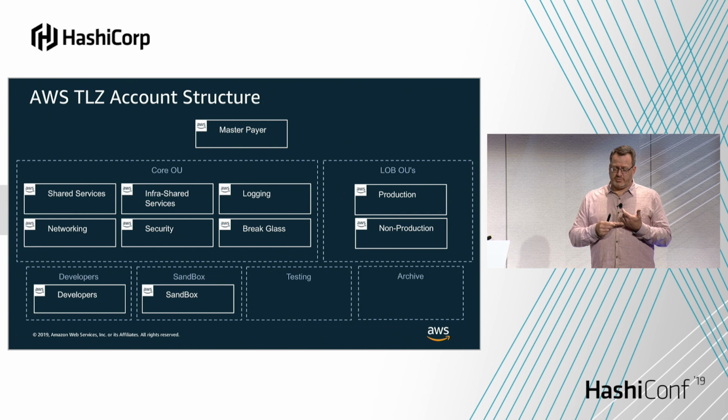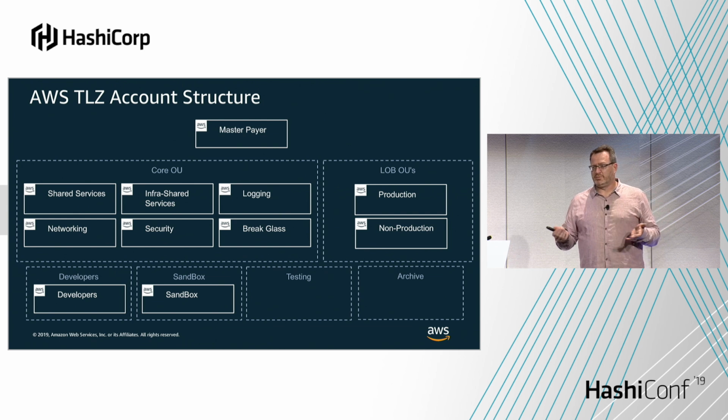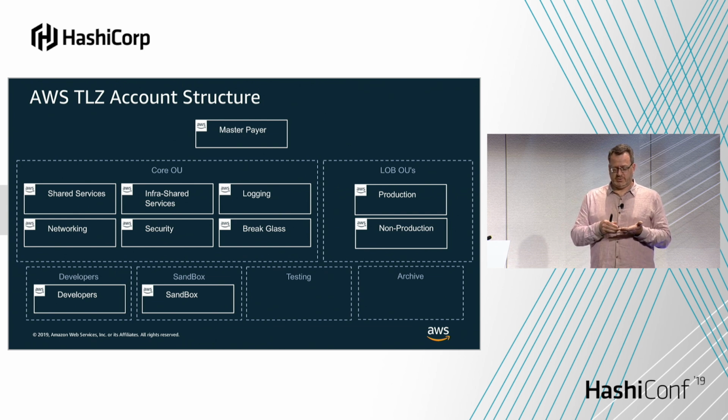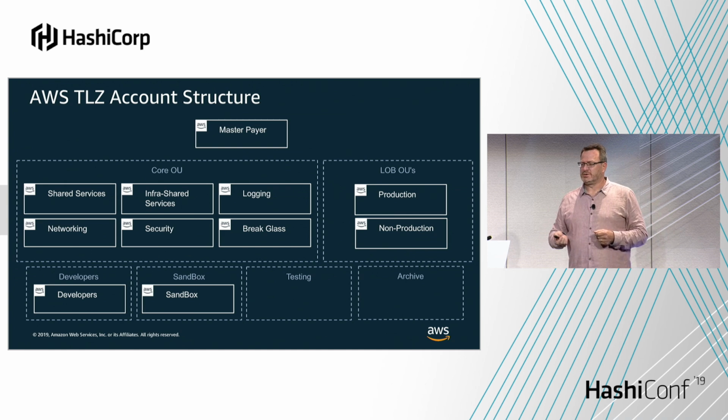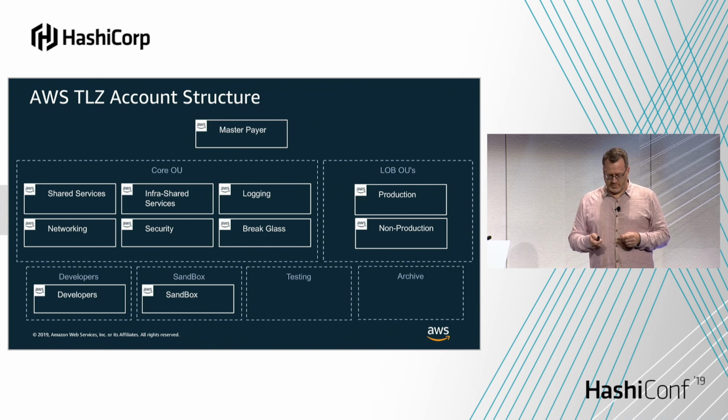So when you talk about a non-production account, you can say, hey, for this particular application, I just want dev and stage. You can set up those 2 accounts underneath that, and then you can just put production in there. So you get some flexibility. You get to choose how you want to provision these ones. If you have a line of business that doesn't need a lot of segmentation, then set it up at the line of business level. But we do see that things tend to segment basically based on production and non-production on that.